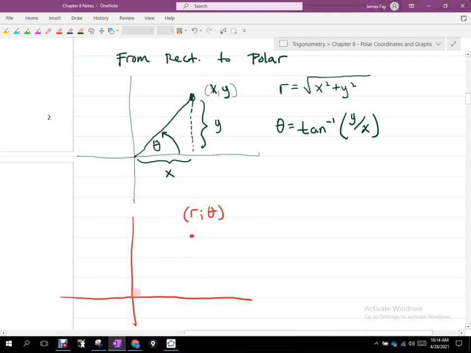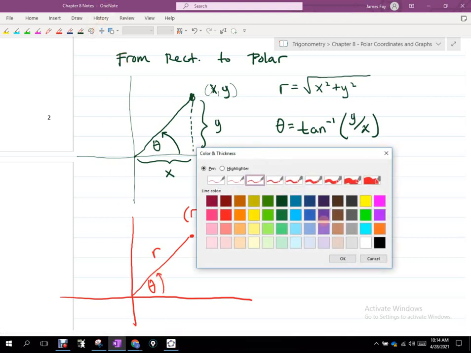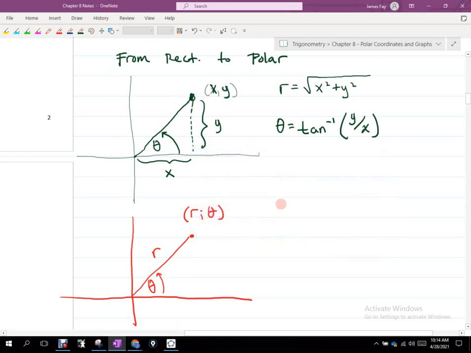Which means that I currently have whatever that distance is, and I have that theta. Those are the things that I know. I want to convert that into rectangular. So I need to know what that distance there is, and I need to know what this distance here is. Is that okay with everybody?